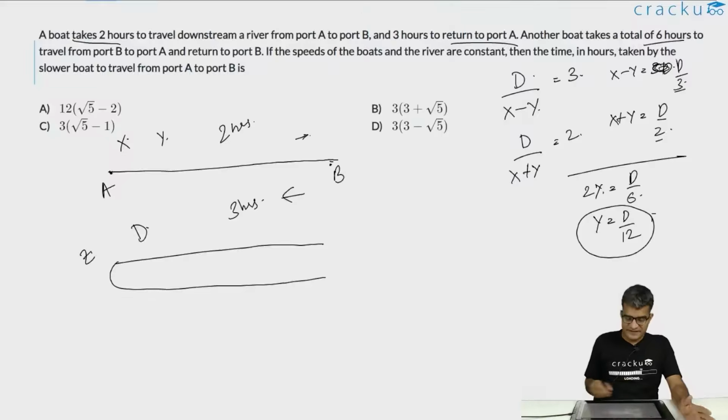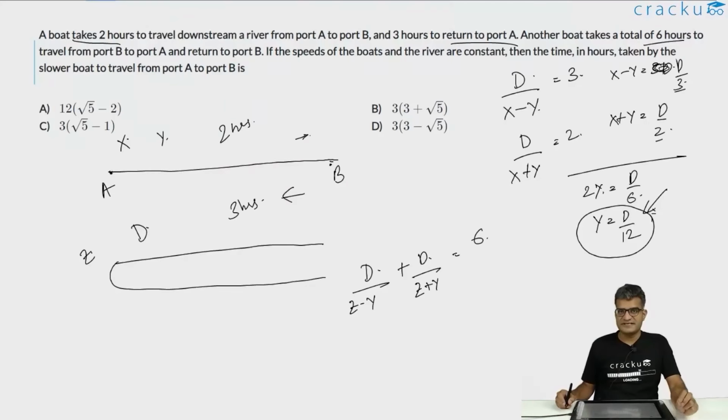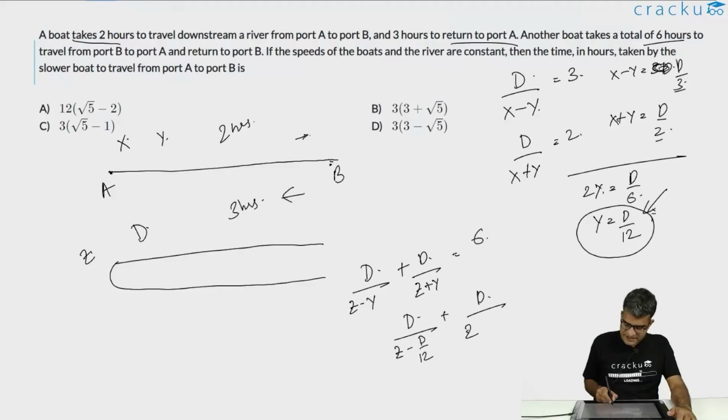So what we have is d divided by (z minus y) plus d divided by (z plus y) is equal to 6. But we know that y, which is the speed of the stream, is d divided by 12. We'll substitute it over here. So we get d divided by (z minus d by 12) plus d divided by (z plus d by 12) is equal to 6.